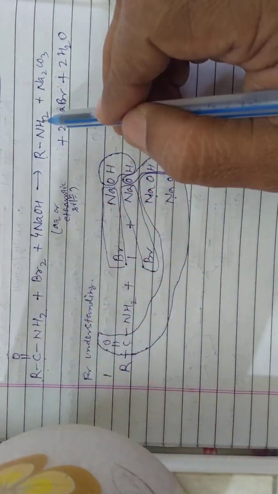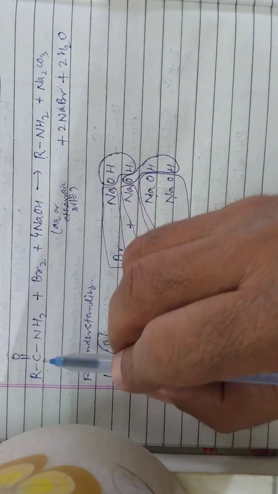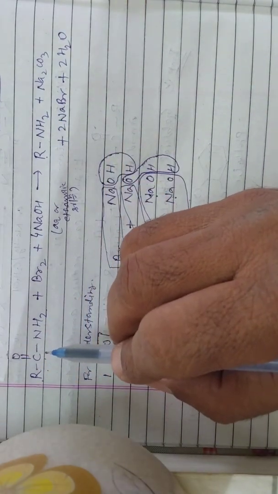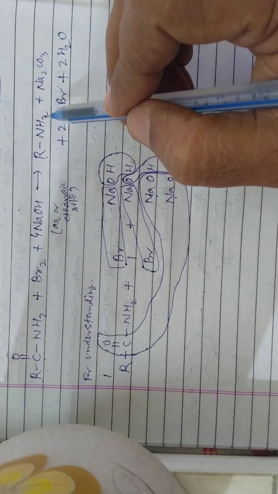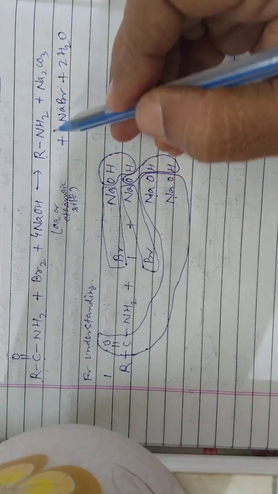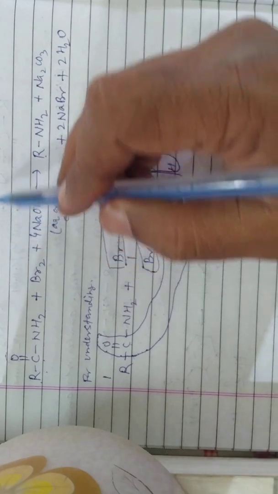So this is the method by which we can reduce the number of carbons of the amide in the newly formed amine. So this is Hofmann bromamide degradation reaction.